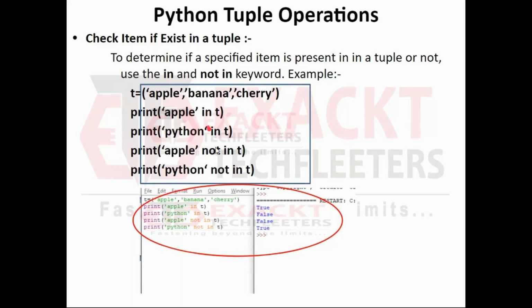If you use the in operator and the item exists in the tuple, it will give you true, and if it does not exist, it will give you false. With not in, if the item is there it gives false, and if the item is not there it gives true. That's how you check item existence in a tuple.